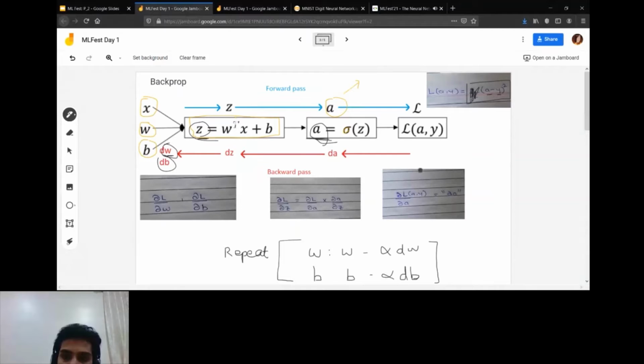So we differentiate the loss with respect to A first, then with respect to Z, then with respect to W and B. This is a bit of calculus. Since it's a three-dimensional function, the output would be a plane or something.